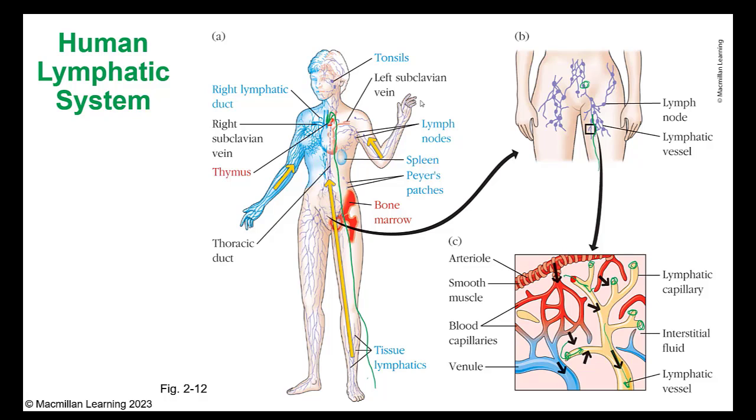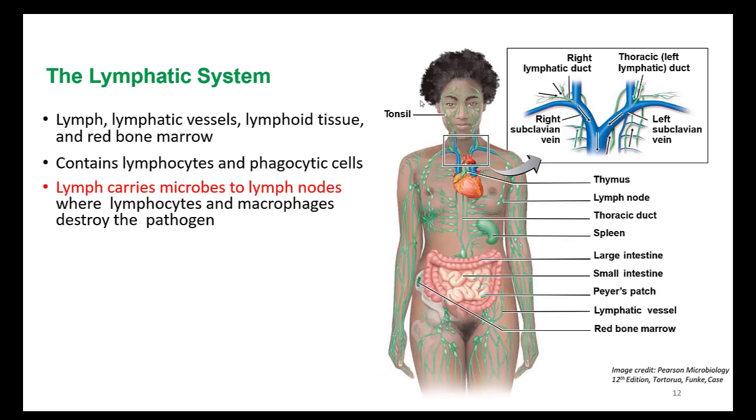When this liquid passes through the lymph nodes, it gets filtered for the presence of possible pathogens. Now, in this area close to the clavicles, you have these veins. One of them is on the left side of the body, so this one is facing us, here is our left side. You have the left subclavian vein, which gets all this liquid that came from the left side of the body.